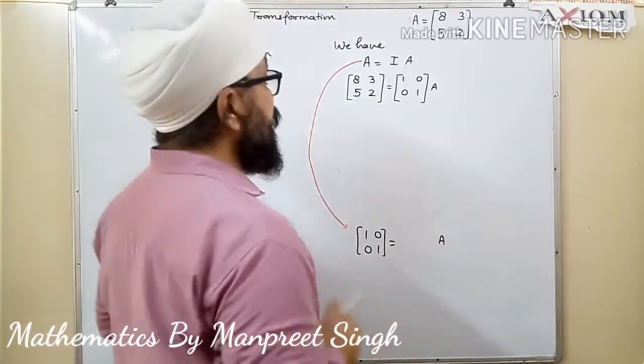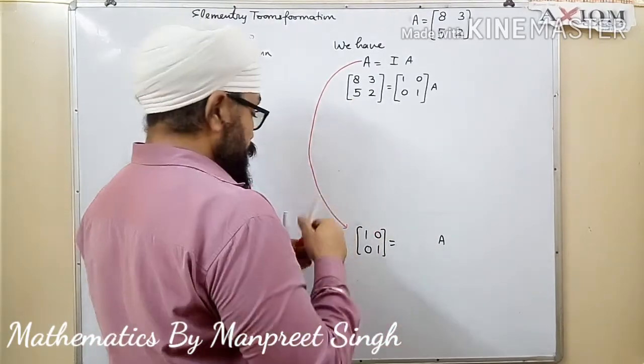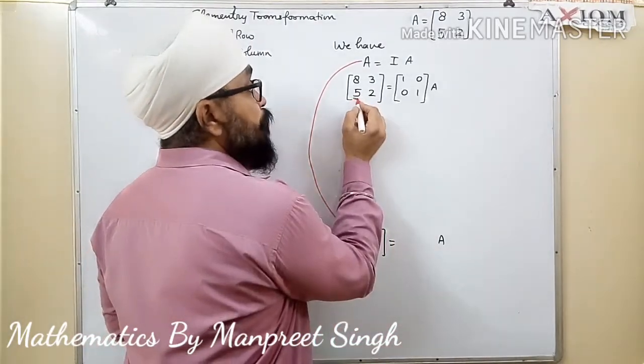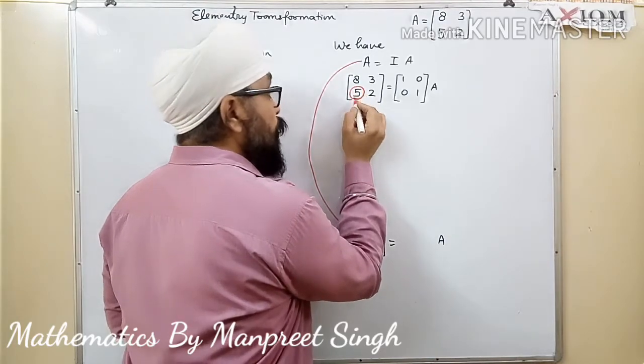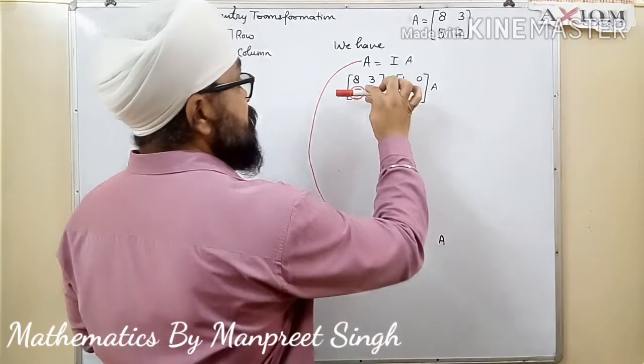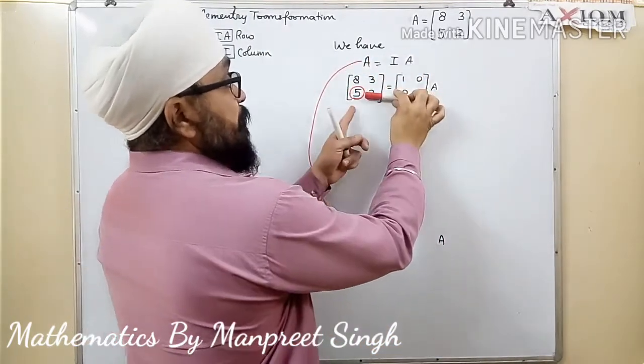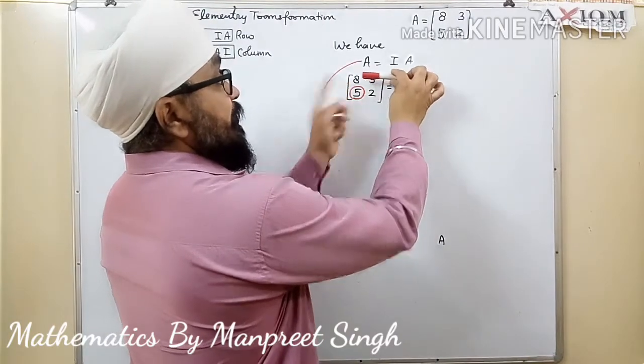That operation we can do directly, but we have to make this one 0. Now one trick I am telling you: we want to make this 5 into 0, and I am applying row transformation, means row versus row. So I have to see that this row's first element is 5 and the other row has 8.